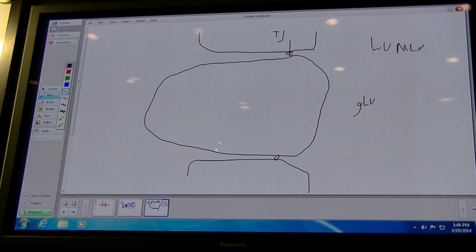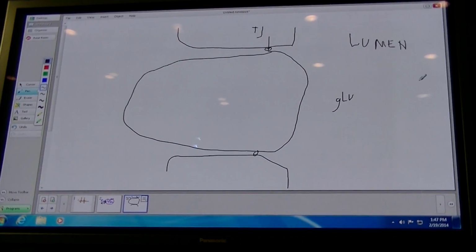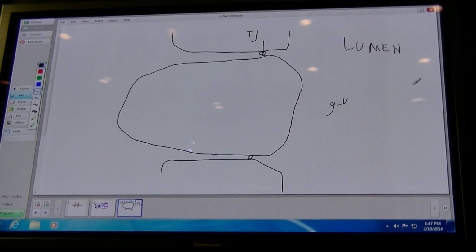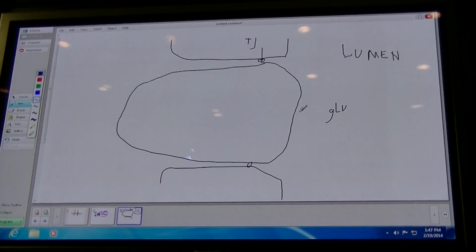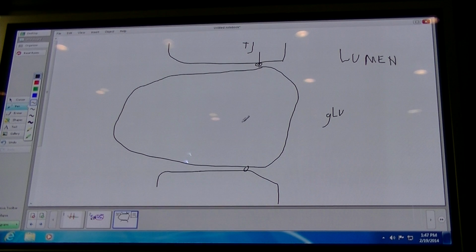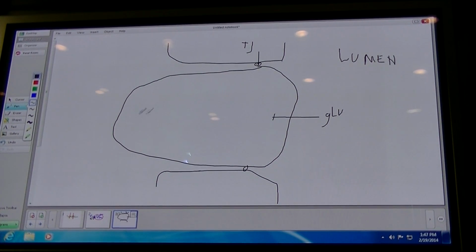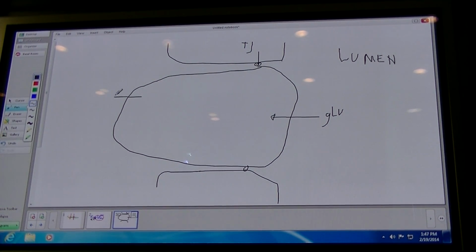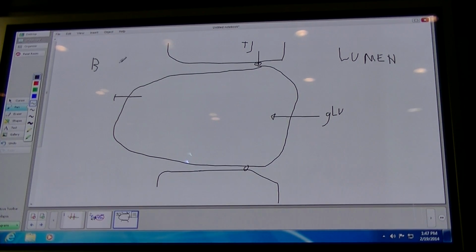You've just had your lunch, you've digested all the starch with enzymes, and that starch is broken down to glucose. You want to get the glucose in, and that's an in arrow, and you want to get it out here into the bloodstream. The blood, okay?